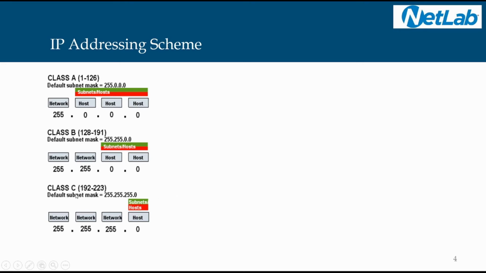Anything starting between 192 and 223, something like 200 dot, or 198 dot or 192 dot, belongs to class C. So the major classes are class A, class B, and class C.